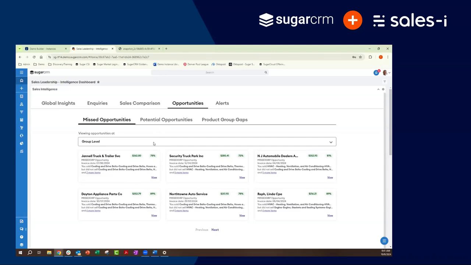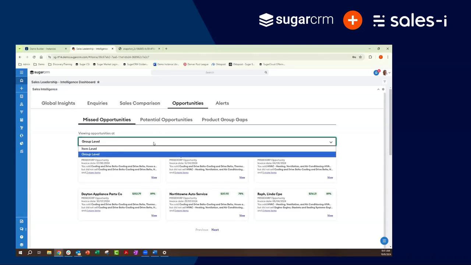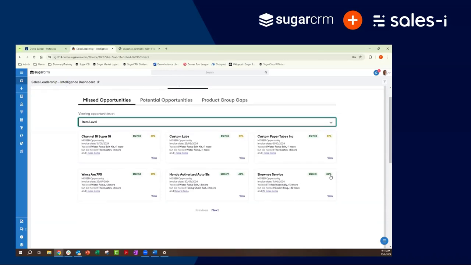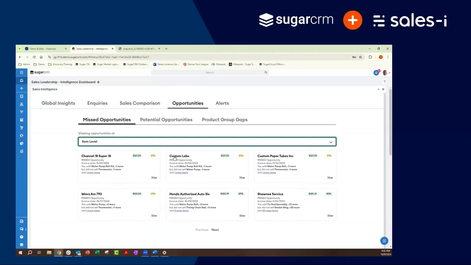So whether you're manufacturing or distribution, I have the option to look at more of the item level of, hey, let's focus on this one right here. 82% of the time, we're selling the tie rod assembly with the gasket ring, and I'm missing out with this individual account, Shawnee Service. And again, I'm understanding this as a leadership. If my sales rep is missing it, I can always schedule a meeting with him to review some of these missed opportunities so he can efficiently sell more into his accounts.